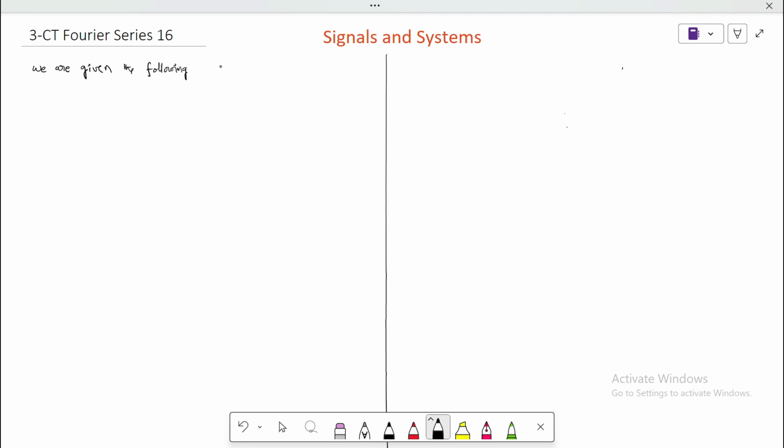So five points are given. The first fact is that x of t is a real signal.